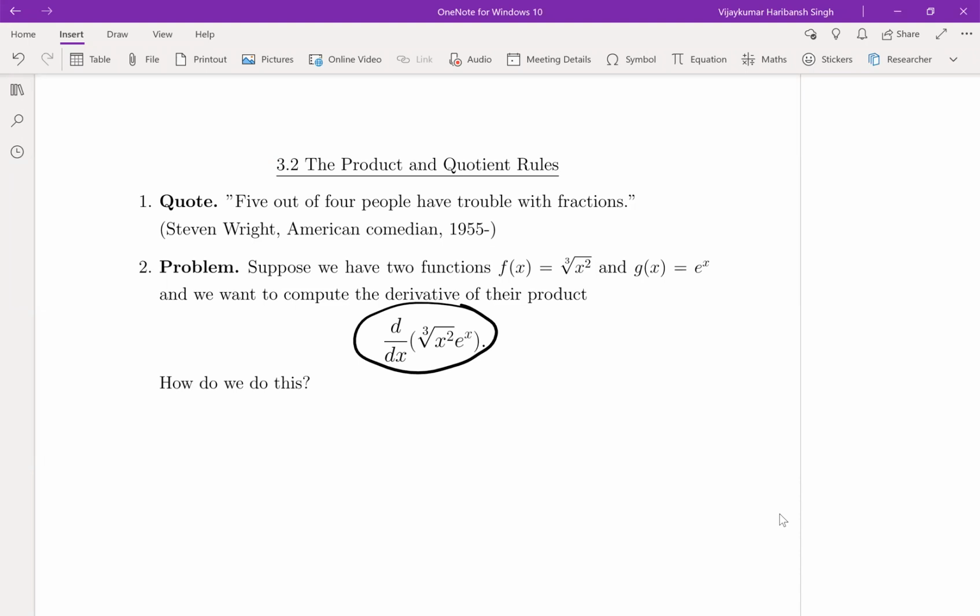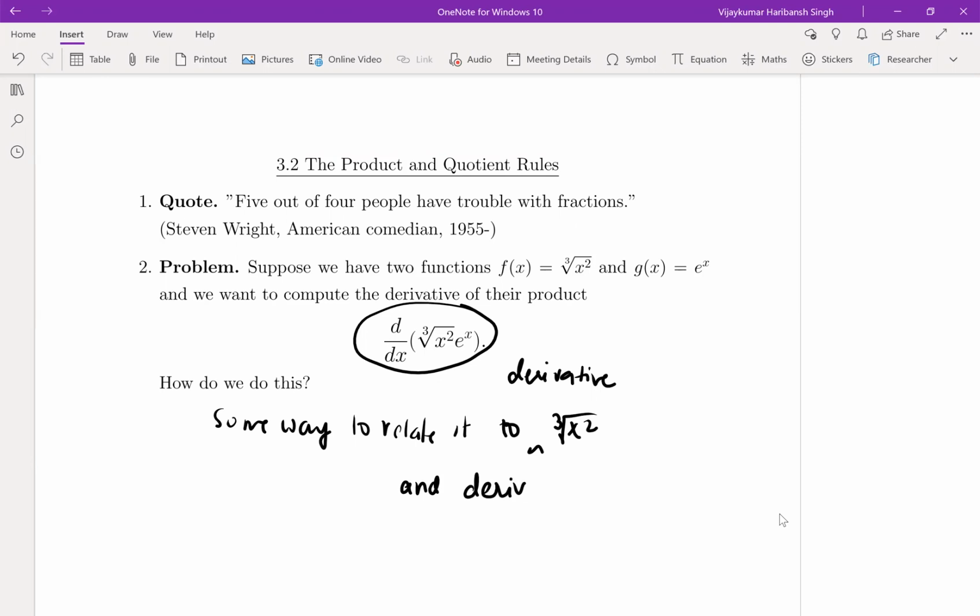Now, if we had some way to relate it to the derivative of the cube root of x squared and the derivative of e to the x, we would be basically done, right?